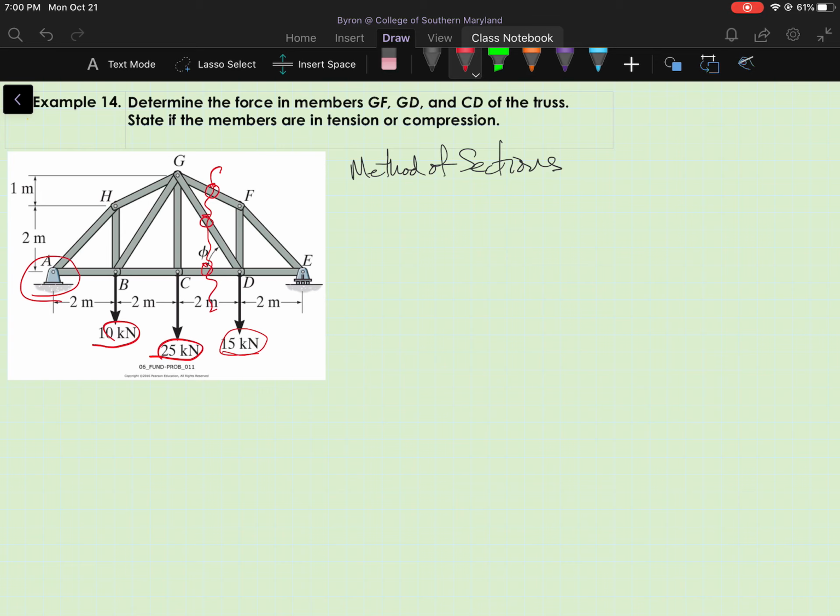So again, you could choose either side here, but I'm going to choose the right side. It looks like the easier side to work with.